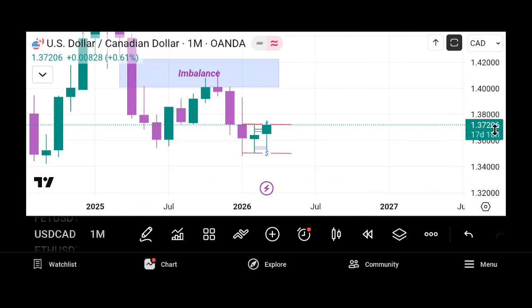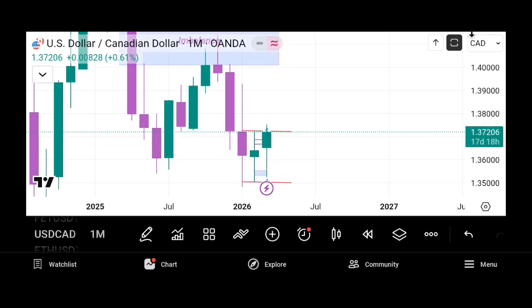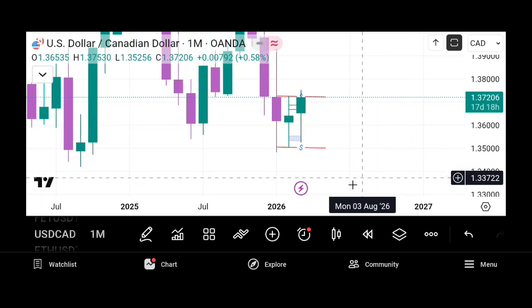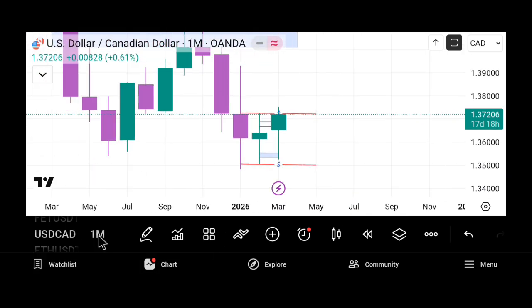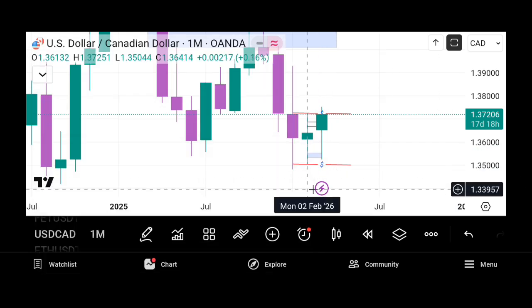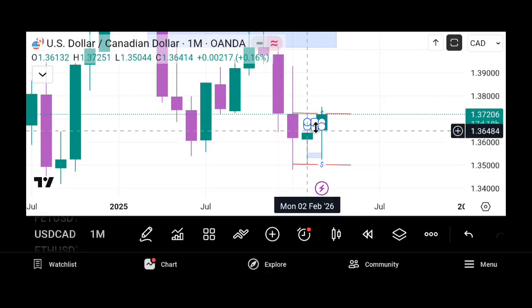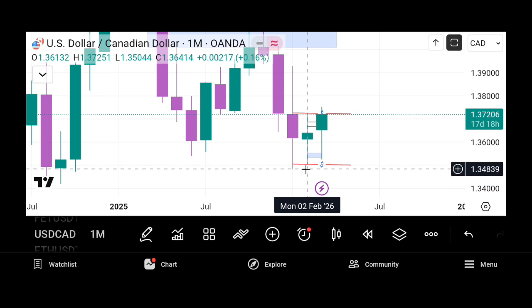It's an indecisive candlestick, and the high got taken out last week. We sold a bit, but the high of the indecisive candlestick got taken out. This low, I said, is the target.